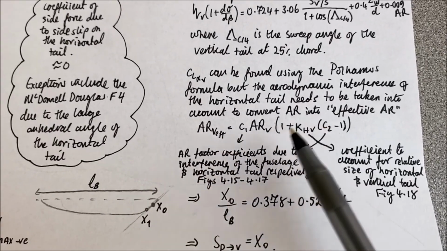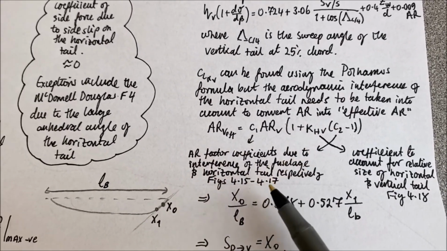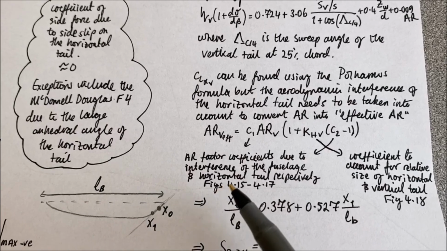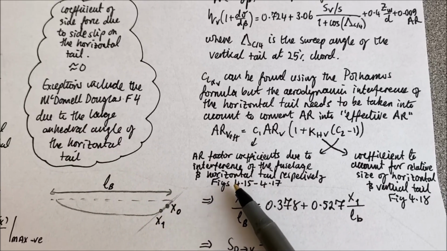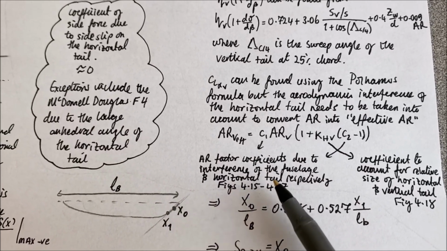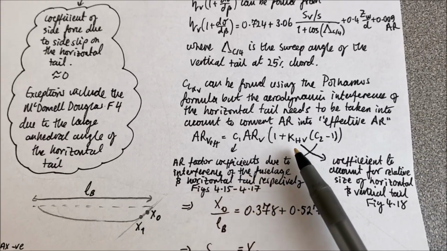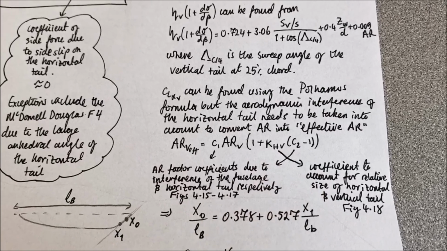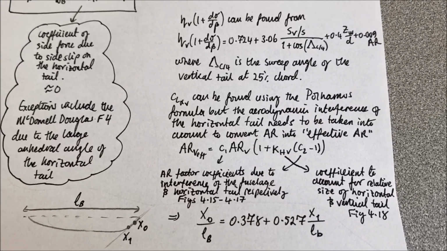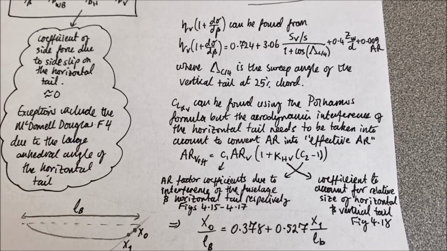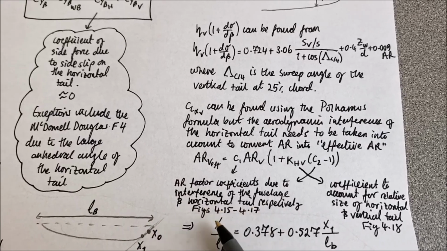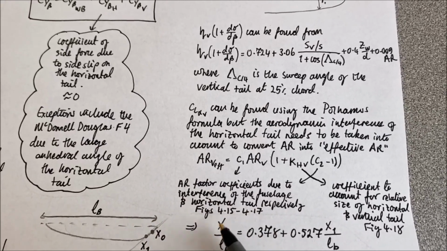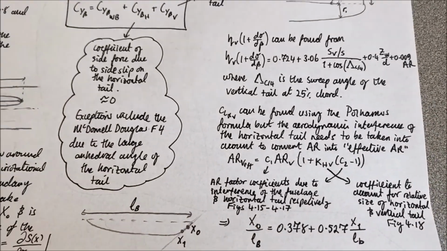C1 and C2 are aspect ratio factor coefficients, which characterize the interference of the fuselage and horizontal tail onto the vertical tail, and K sub HV is a coefficient which accounts for the relative size of the horizontal and vertical tail respectively. And you can look up the corresponding charts in the textbook.